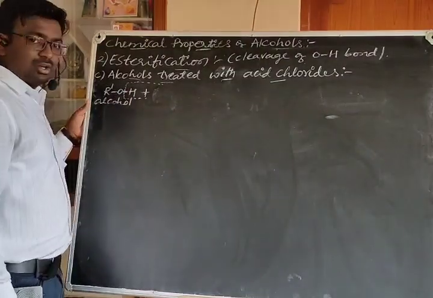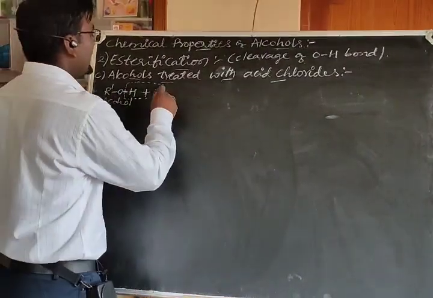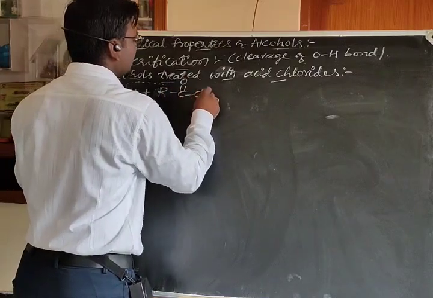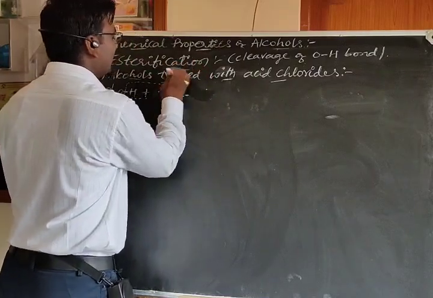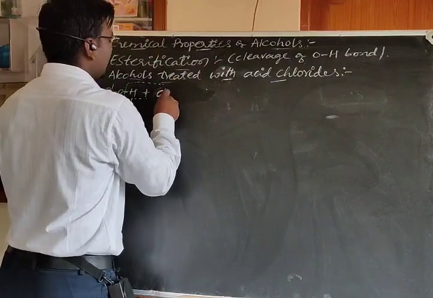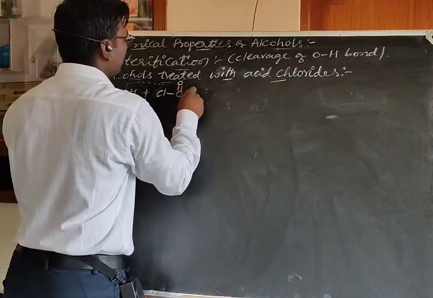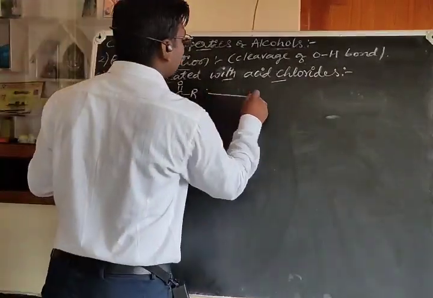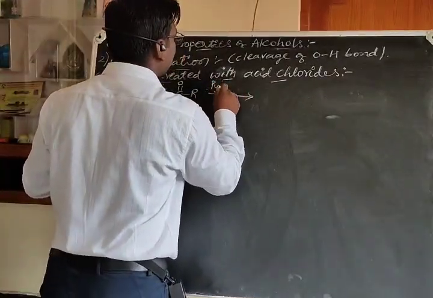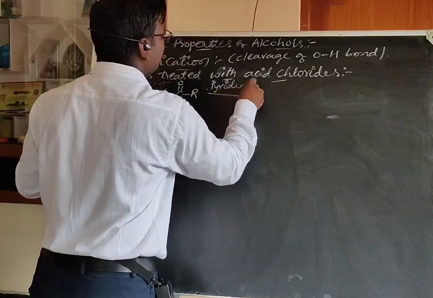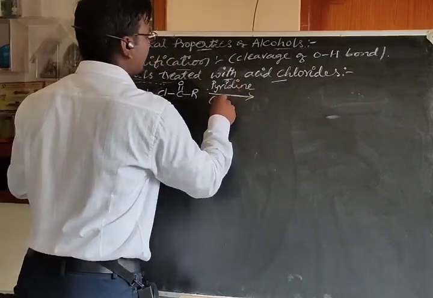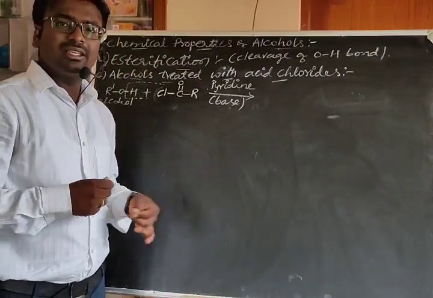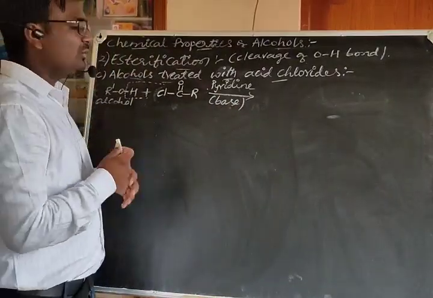We take the alcohol R-OH and RCOCl, or we can reverse this representation as Cl-C=O-R to understand it easily. This reaction takes place in the presence of pyridine, a base. Why do we require a base? In the previous two reactions we required an acid. Here we require a base.